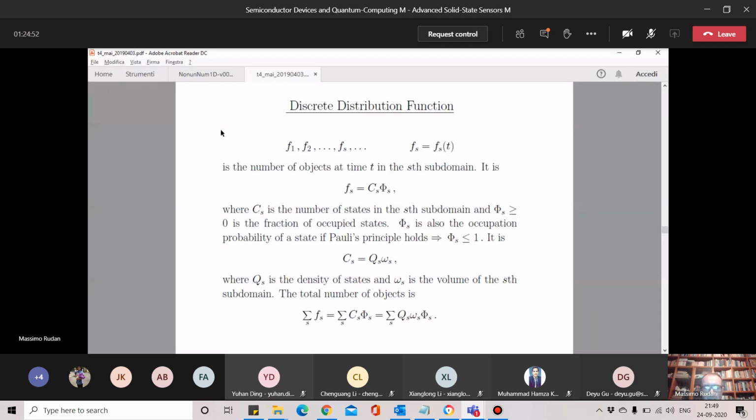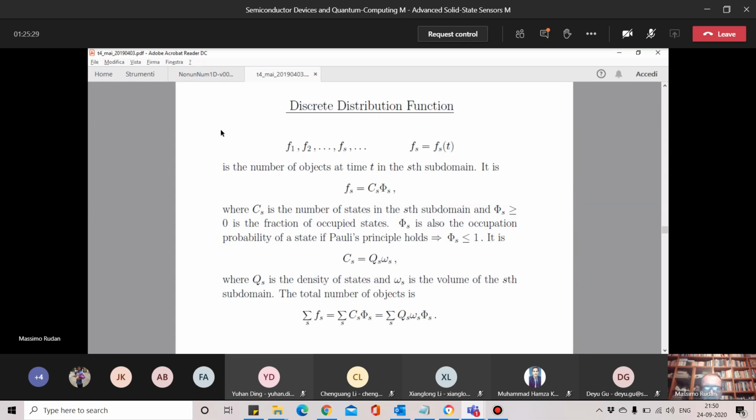For instance, still remaining in the example of the students of a room, okay, you may calculate the number of students in a room by considering the total number of seats that are available in the room, like Cs is the number of seats. And then you multiply by phi s, where phi s is the fraction of seats that are occupied.